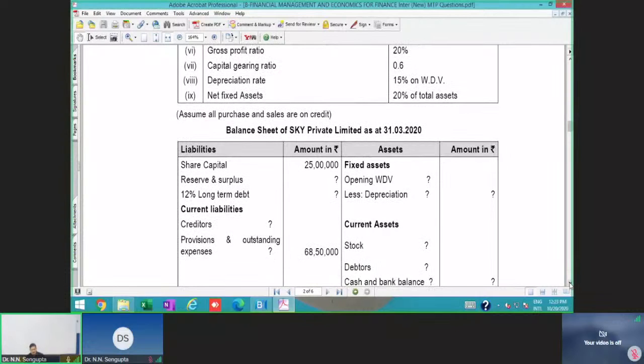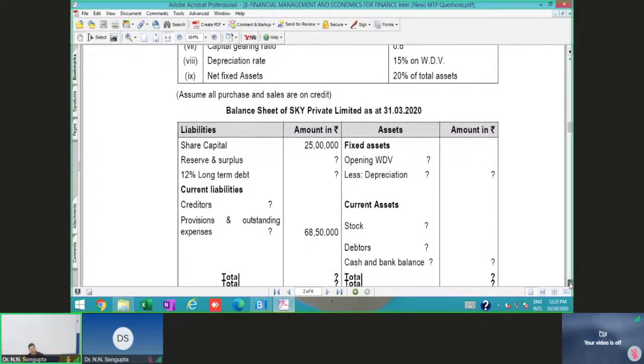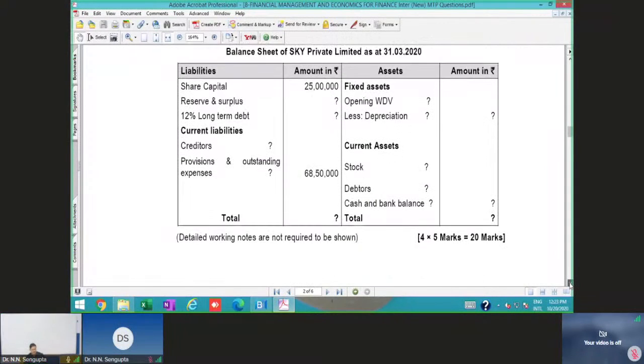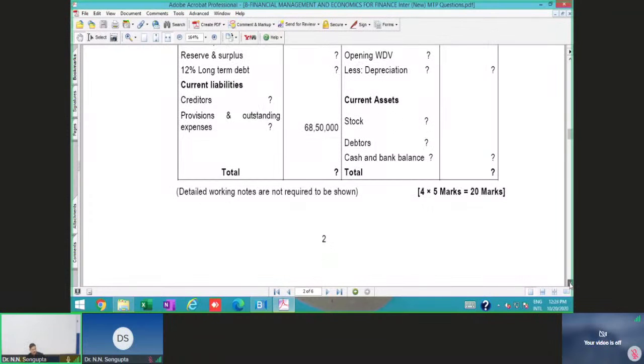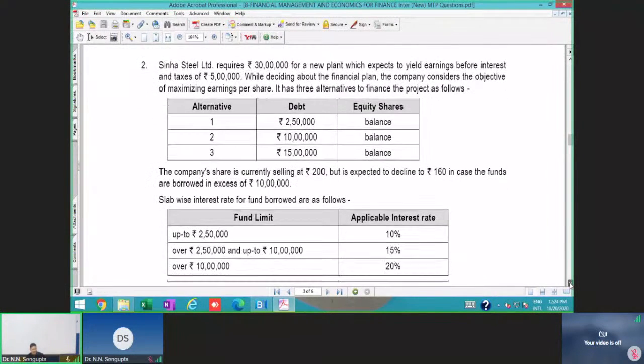The students who are doing CAFM can practice these questions also, except risk analysis and dividend decision. Similarly, FM students can practice all questions of the CAFM MTP except the cash flow statement, if there is any, and the time value of money.